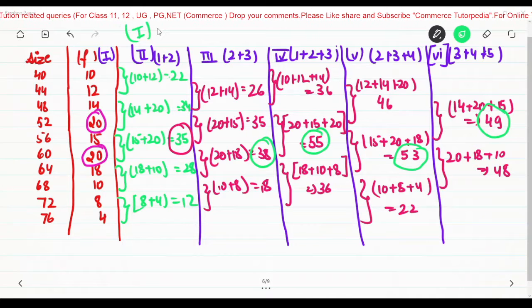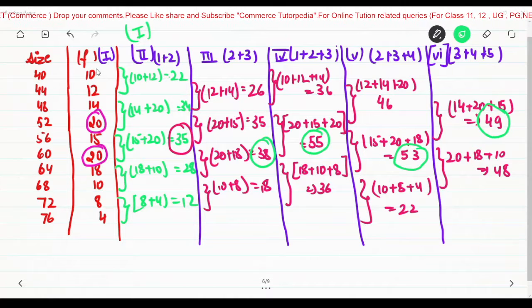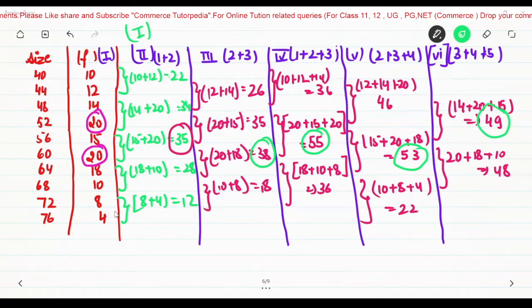In the first part, we have grouped frequencies differently. In the first one, we used the original frequencies and just marked the highest frequency. In the second, we grouped the first and second frequency, followed this step for all the frequencies, and marked the highest sum.